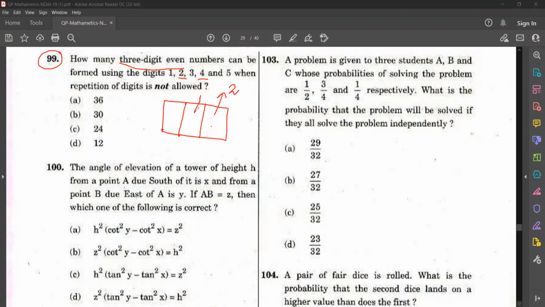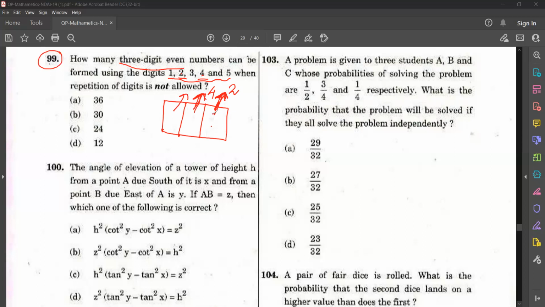Now, if any one of 2 or 4 takes this position, then from the 5 numbers, the remaining 4 can occupy this place.